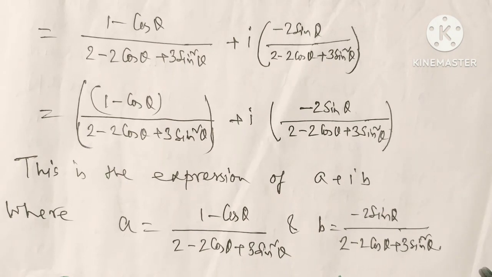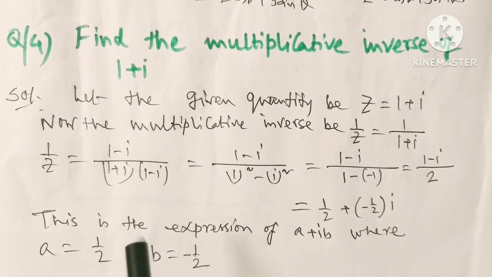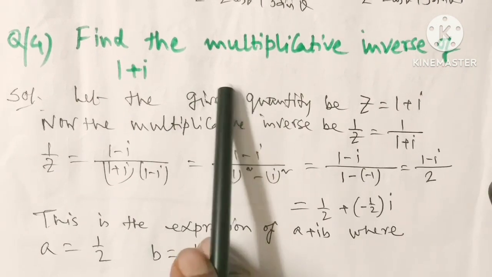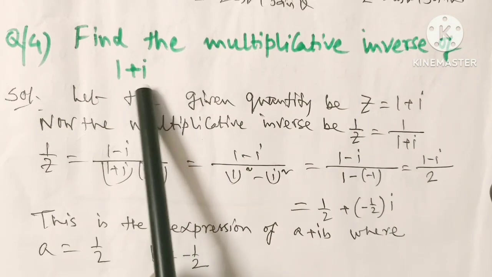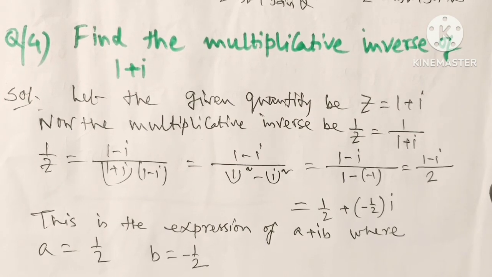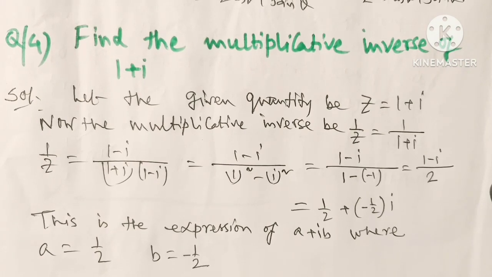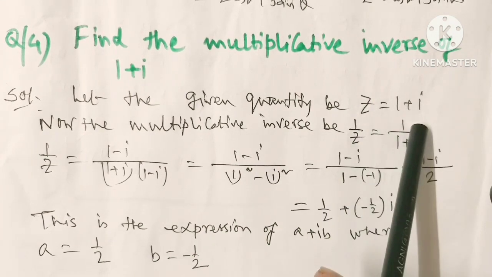Now we focus on the fourth problem. This is to some extent a different problem: find the multiplicative inverse of 1 plus i. Multiplicative inverse means whenever we have z as a plus ib, we also have to find 1 by z. Let the quantity be z equals 1 plus i.